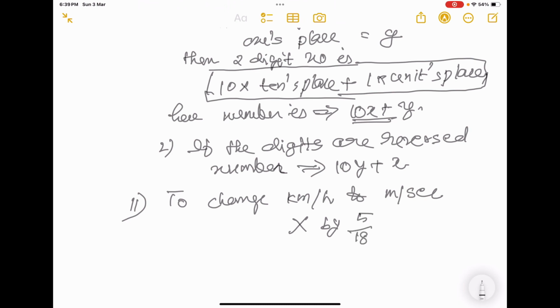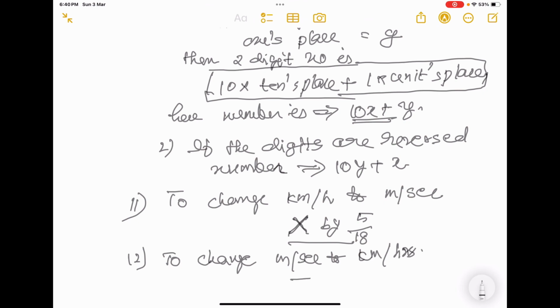And to change meter per second to kilometer per hour, multiply by 18 by 5. That is very important.